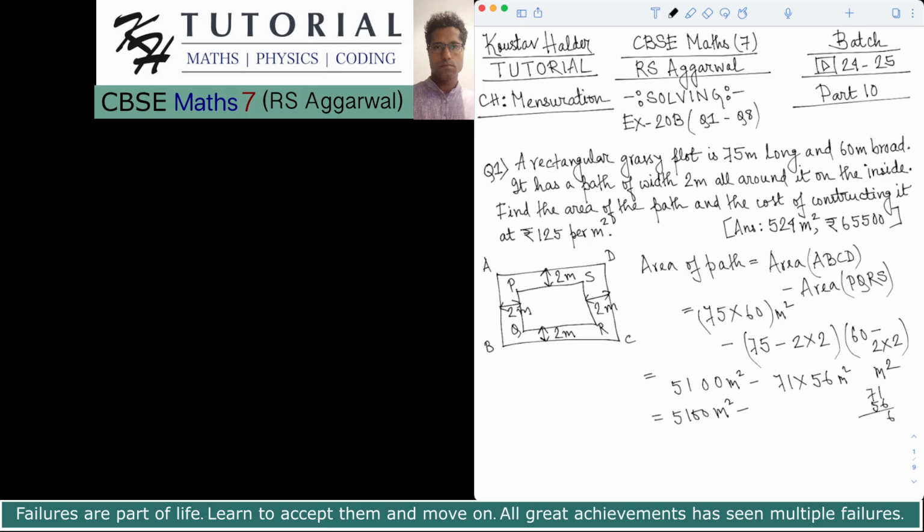It will be 642 and then 5, 7, 6, 7, 11. So this is 1176 meter square. This is equal to 3924 meter square.